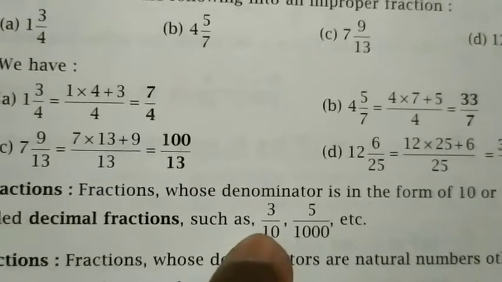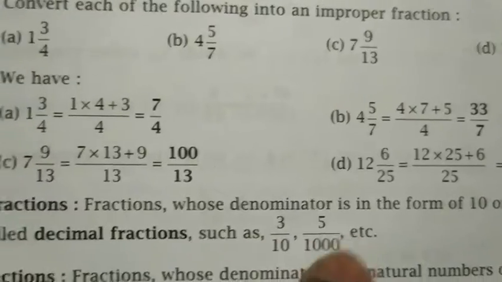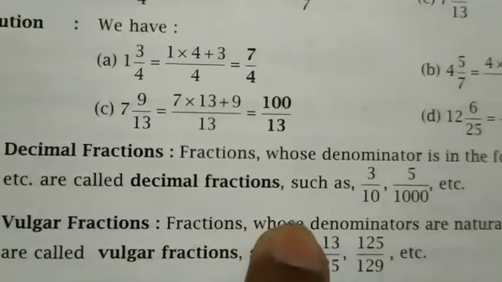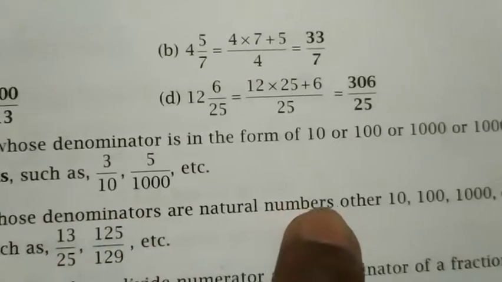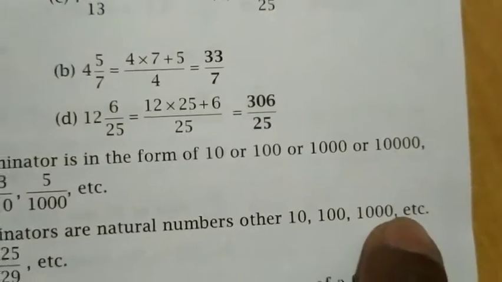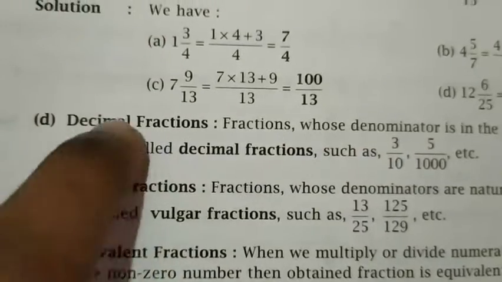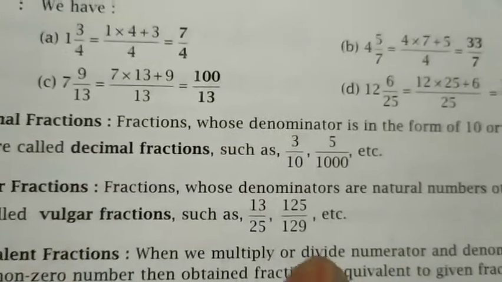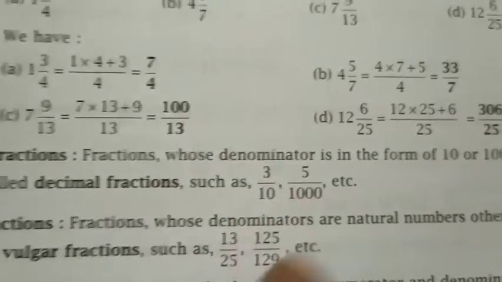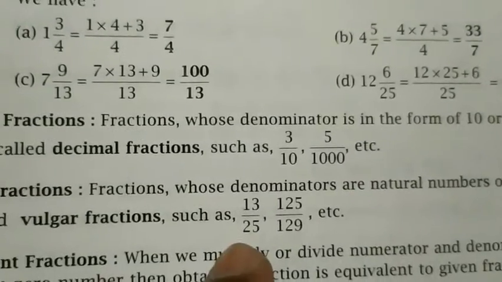So just an example is given, 3 upon 10, 5 upon 1000, etc. Come to the next, that is vulgar fraction. Fractions whose denominators are natural numbers other than 10, 100, 1000, etc. It is just opposite to decimal, meaning the denominator is not a power of 10.